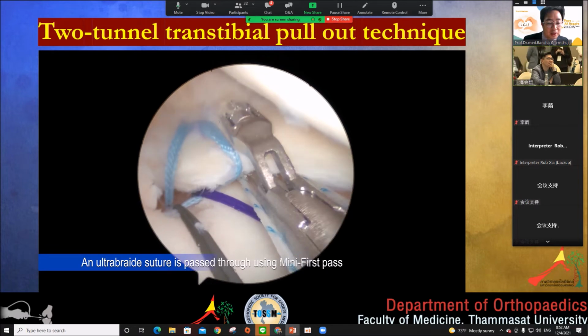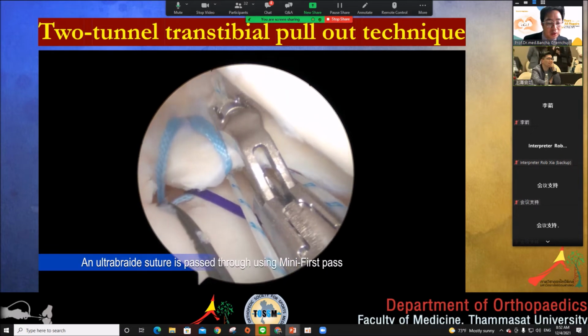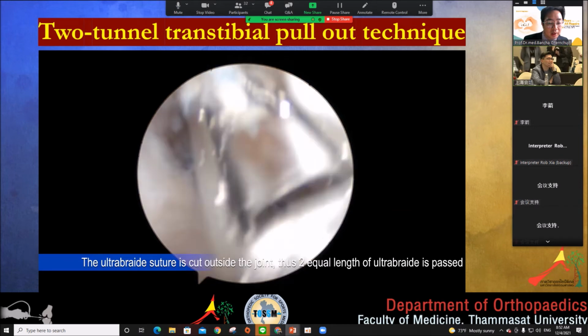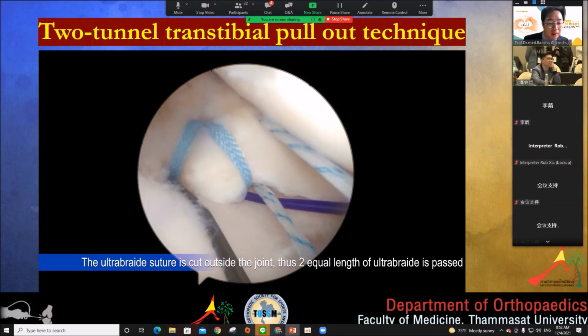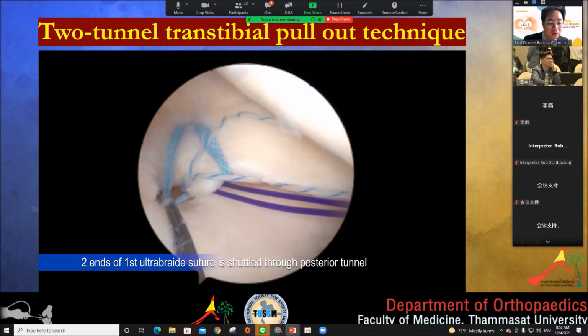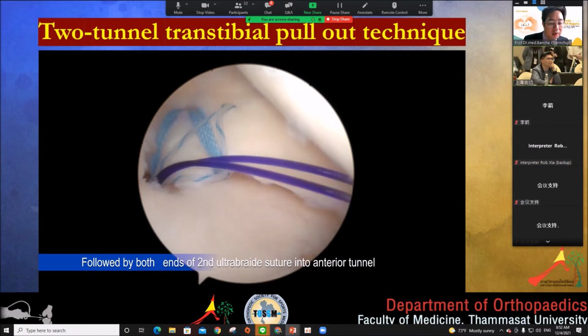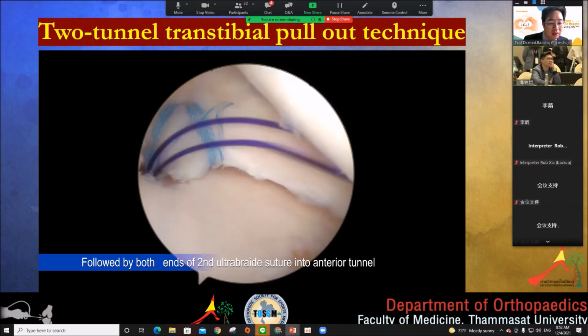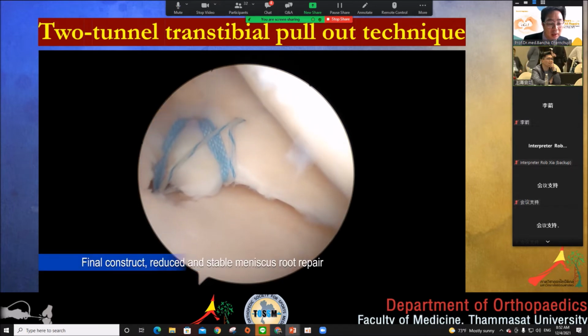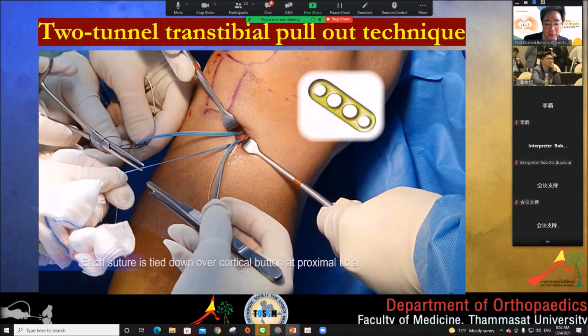And then I pass the second suture. And use the shuttle to pass the suture in. Okay, like that. So finally you have like a suture bridge, okay, for the double row repair.